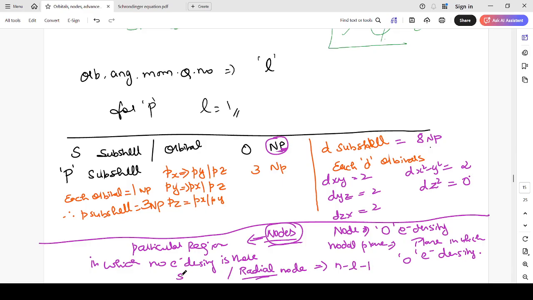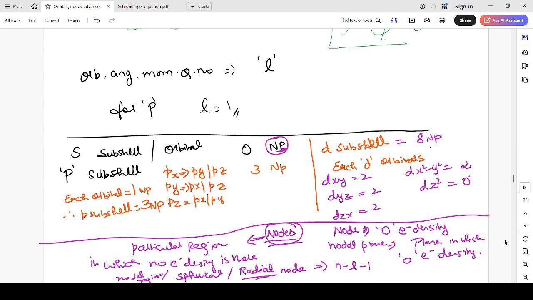A radial node is also called a spherical node, and also known as nodal region. The formula is n minus L minus 1.